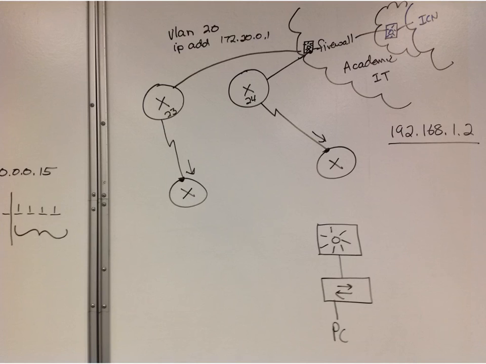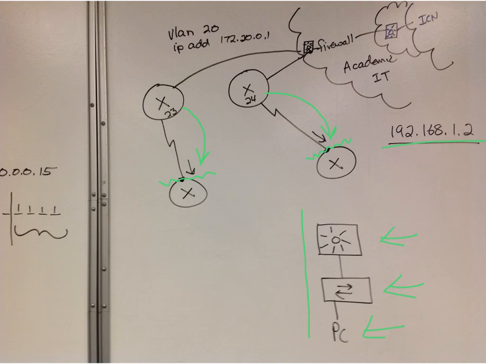Okay, we did a little more work on our setups. Multilayer switch, layer 2 switch, PC. We tested pinging out, and then they put a control list here to stop a certain network from up here being able to get into their router.